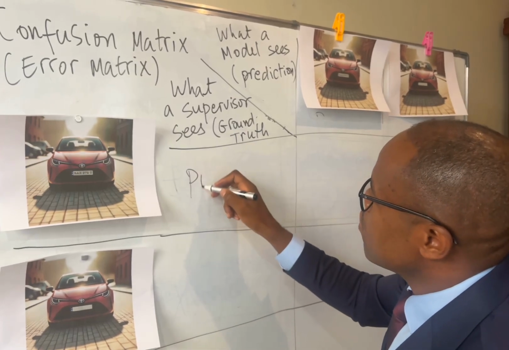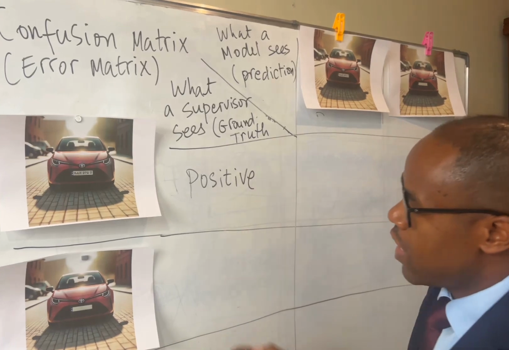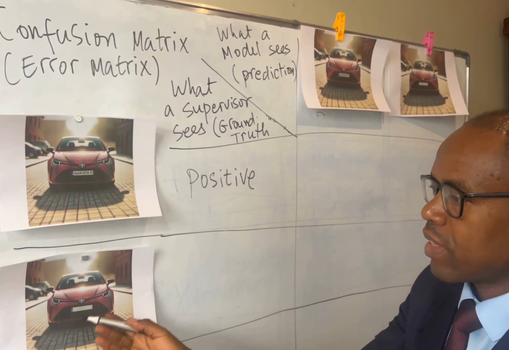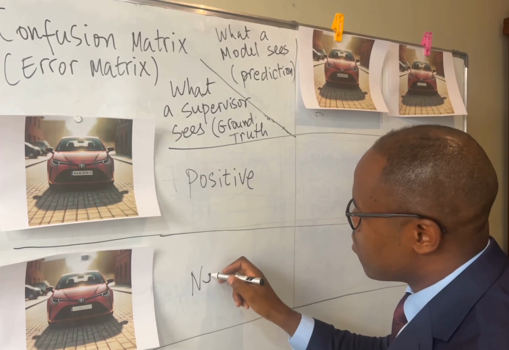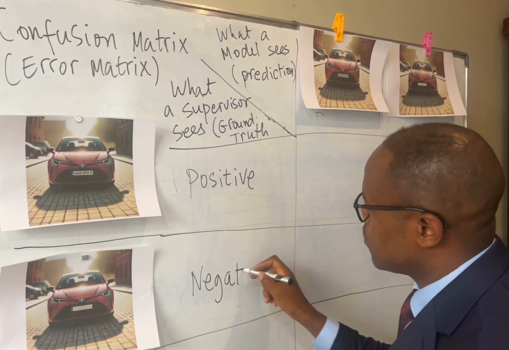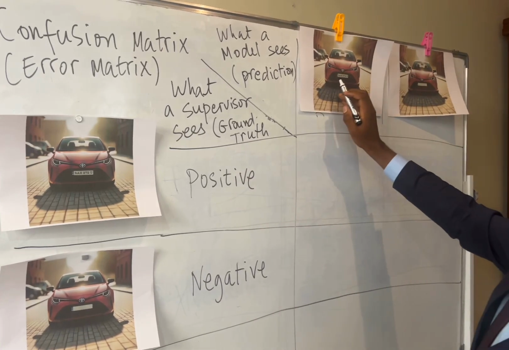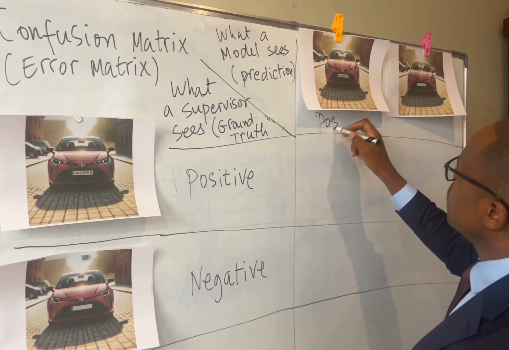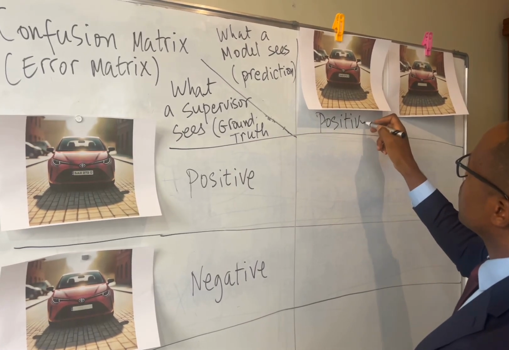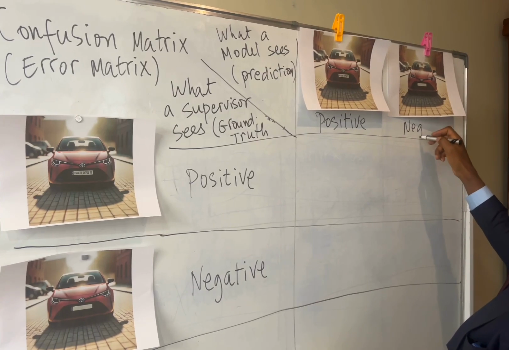This is positive. The number exists. I don't see the number. This is negative. The number doesn't exist. The model sees the number. That's positive. The model doesn't see the number. That's negative.